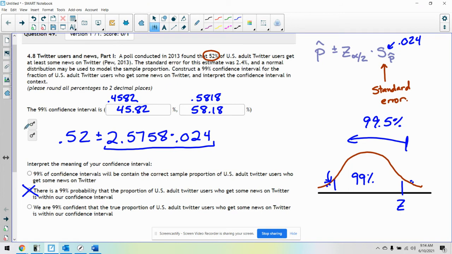I mean, A and C are really similar, so I'm not sure I would really dock you for getting this wrong. But technically, it says we are 99% confident that the true proportion of U.S. adult Twitter users who get some news on Twitter falls within this range. So your answer here is going to be C.